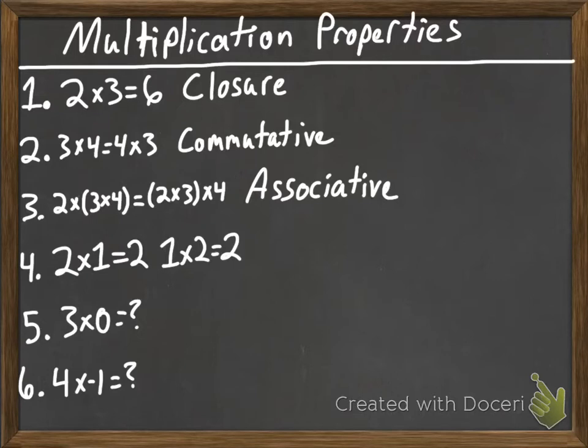Well, 1 makes a number be itself if you use it. That's the same idea as 0 with addition. And 0 was the identity for addition, so 1 is the identity for multiplying. So this is the identity property, and the identity is 1.